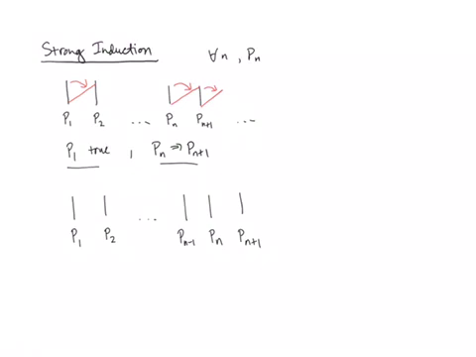And in this case, the dominoes analogy kind of starts breaking down. But you can imagine that perhaps Pn plus 1 is not implied by Pn, but is implied by Pn minus 1. And then Pn would be implied by Pn minus 2. And P4 would be implied by P2. Right? And P3 would be implied by P1.